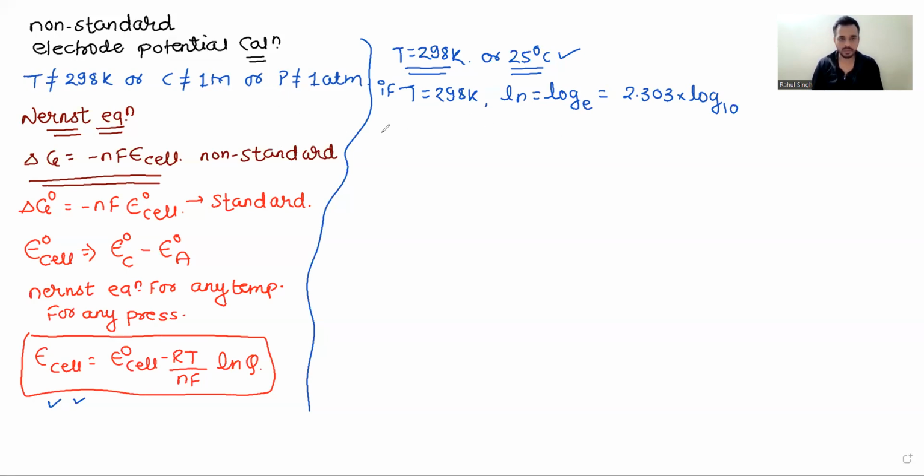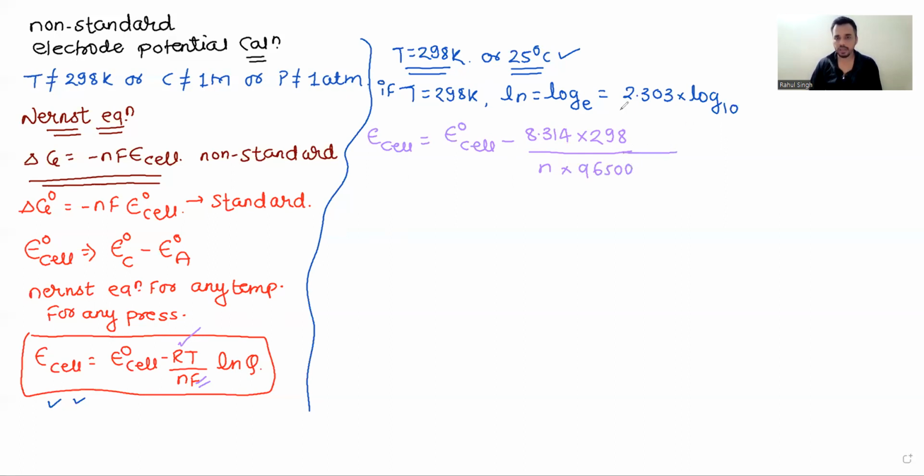So let's write it again. E cell is always equal to E naught of a cell minus R, the universal gas constant, which is 8.314, times temperature 298 Kelvin, divided by F, the Faraday value we have already seen, so n into 96500.